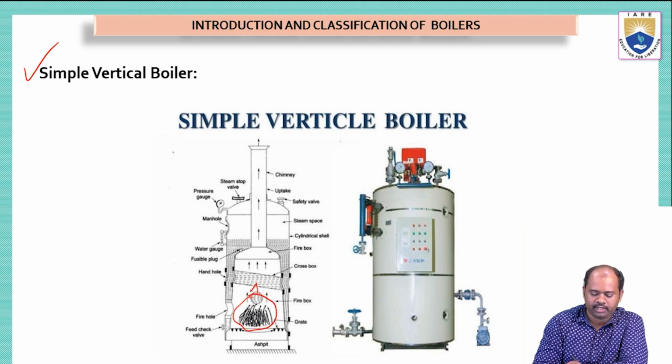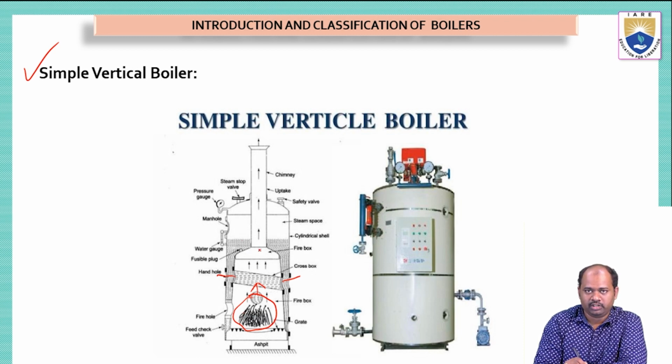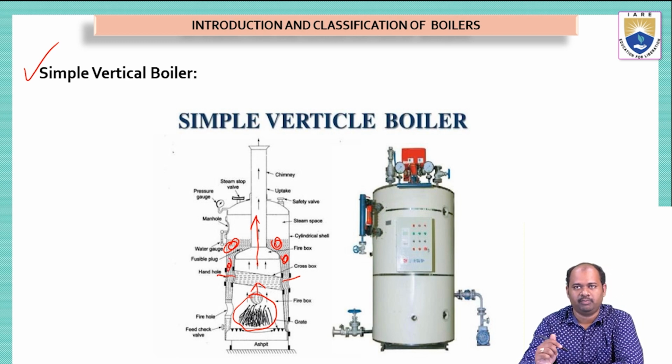This heat will be supplied to this water tube, and the water inside the tube will be converted into steam, and it is collected through a separate opening on the other side. The hot gases and smoke will exit into the atmosphere through this chimney. This part is called steam. It will be collected and sent to the particular application.